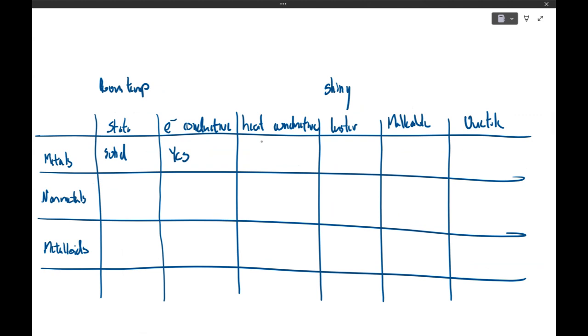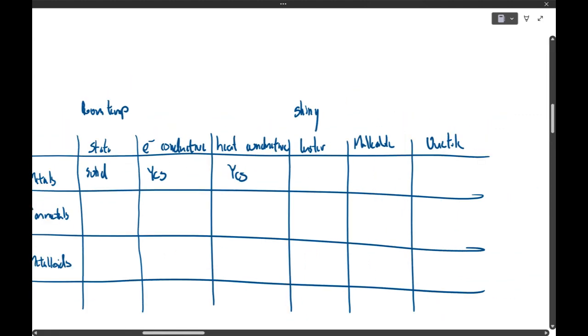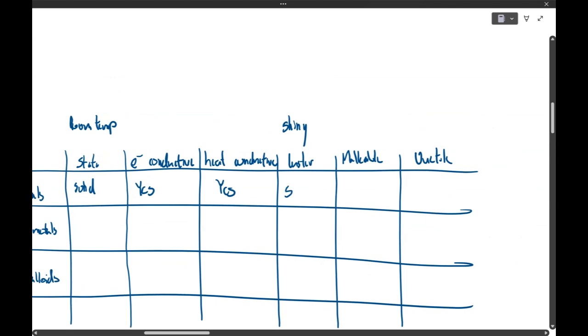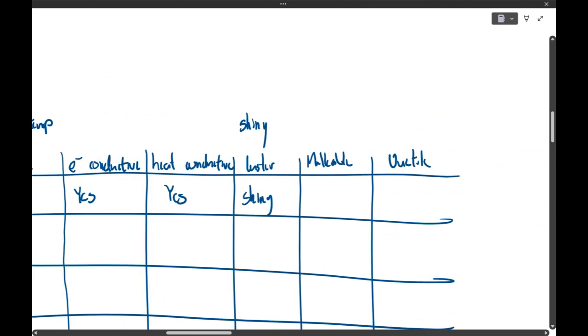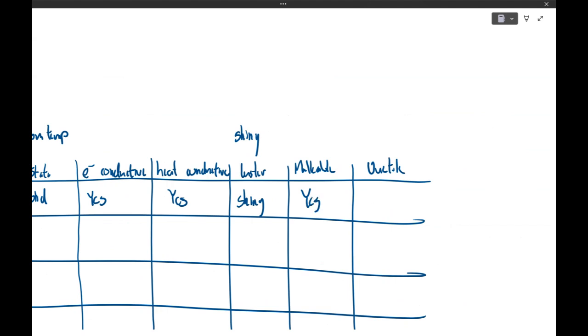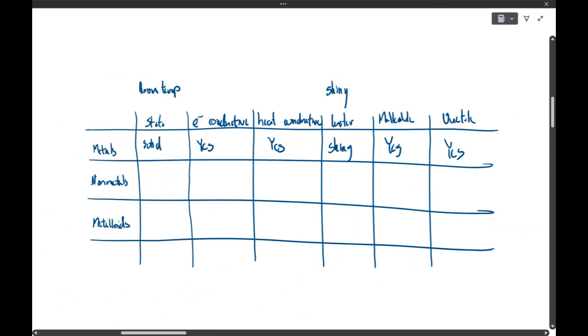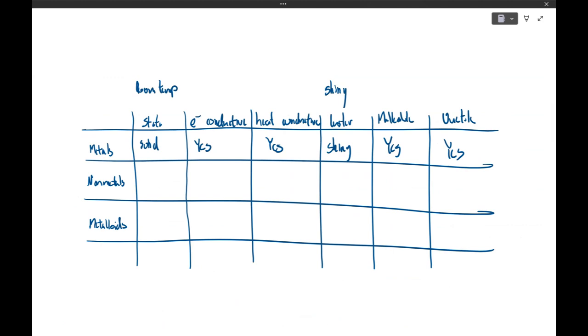Heat, yes, metals are conductive in regards to heat. Luster, yeah, metals tend to be shiny. Malleable, yes. And ductile, yes, because as we said prior, a lot of wires are made of metal, so we know that it's ductile.